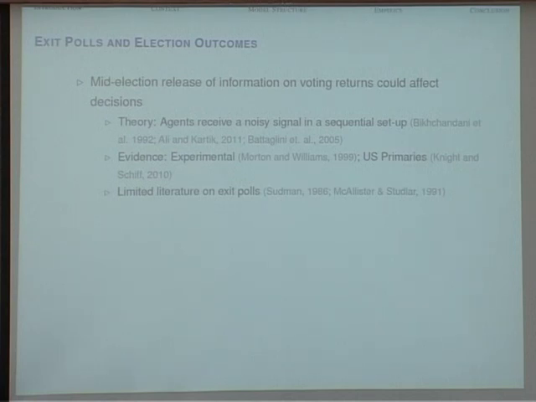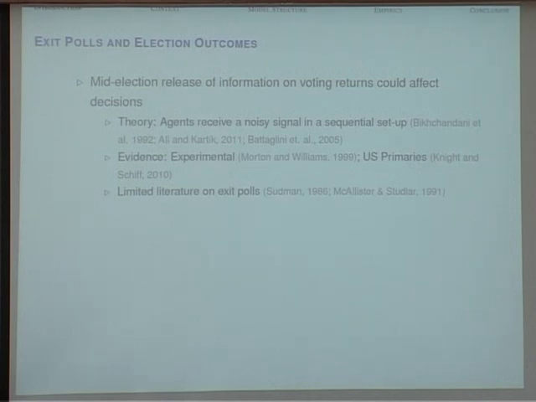There are papers, Rebecca's of course at the forefront of this literature, that have looked at how, when there is payoff interdependence, later round voters in a sequential setup can infer and learn from the outcomes of early phases, which can act as signals. There's experimental evidence in laboratory settings which shows that indeed agents that make choices in later rounds do infer something from outcomes released by agents that have made choices before.